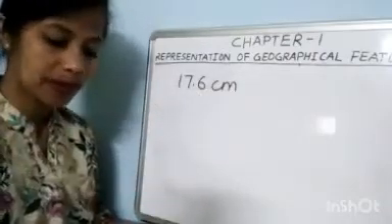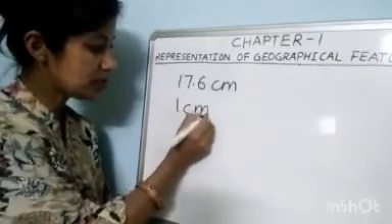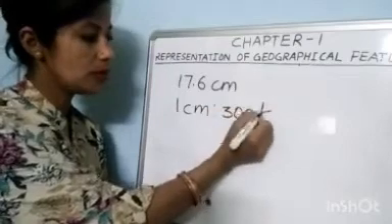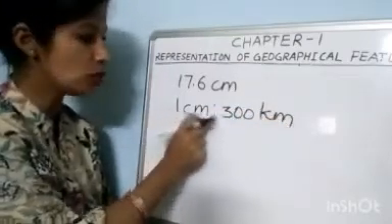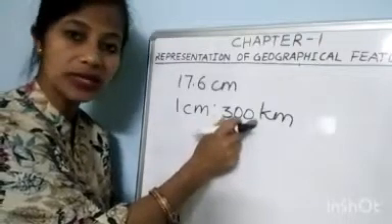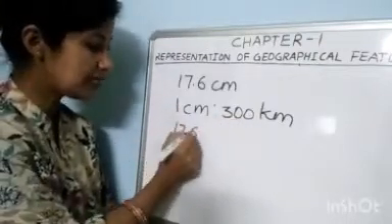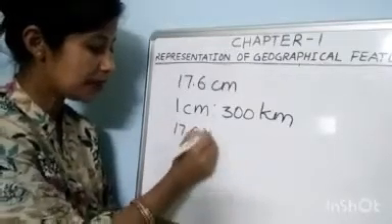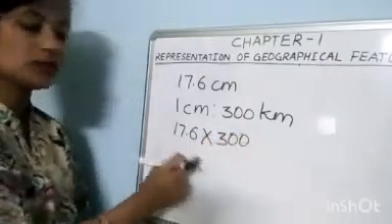Now the scale is given over there, 1 centimeter is to 300 kilometer. 1 centimeter on map is equal to 300 kilometer on ground. Then what we have to do, 17.6 multiply by 300. You just multiply it.